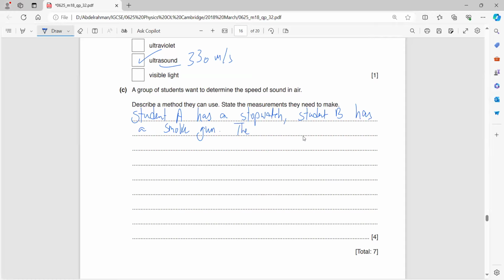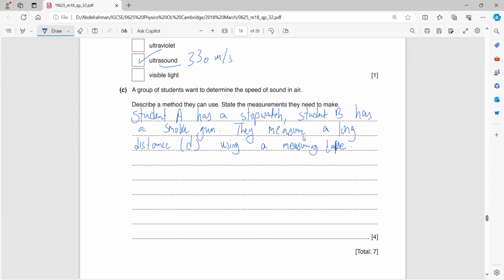They measure a long distance, and we will name this distance D, using a tape measure or a measuring tape.